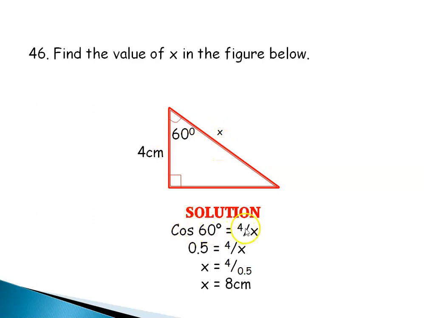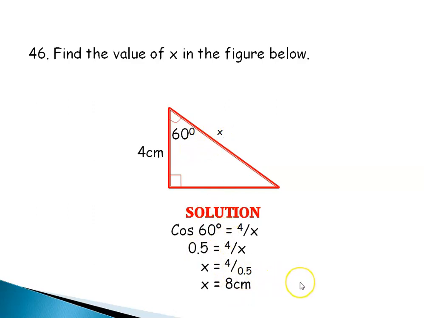Cos 60 degrees is 4 divided by x, and the value of cos 60 degrees is 0.5, which equals 4 over x. And then if I cross multiply, I will have 0.5x equals 4, divide both sides by 0.5, and then my x will be 4 divided by 0.5, and that is 8 centimeters. So the value of x in this figure is 8 centimeters.